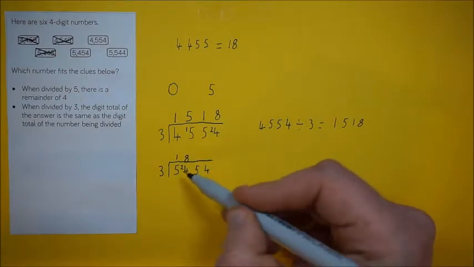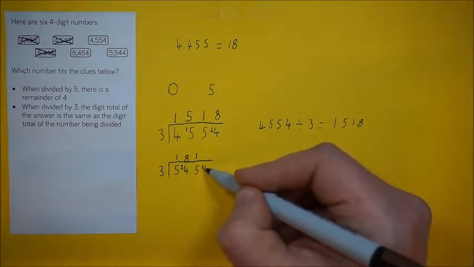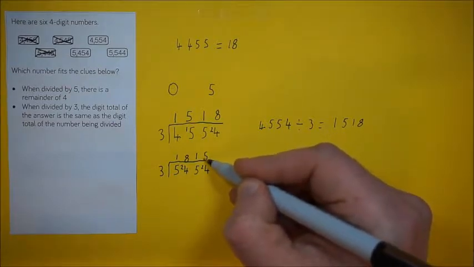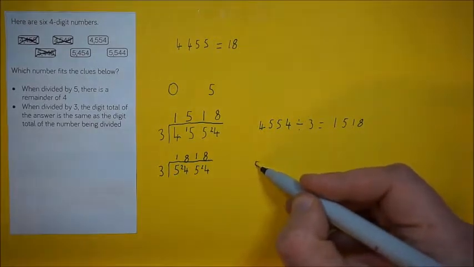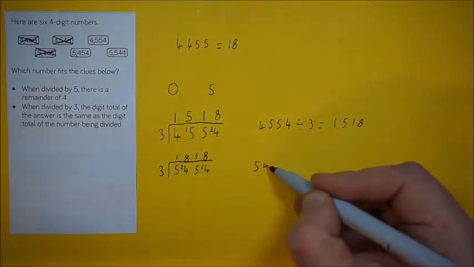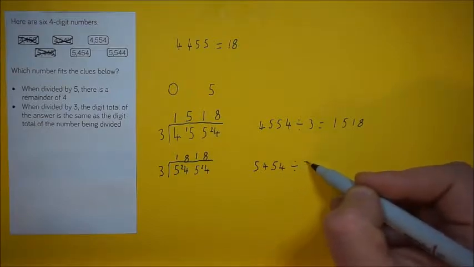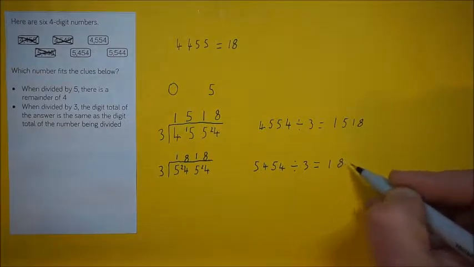Then it is how many 3's go into 5? 1, but with a remainder of 2. And then how many 3's go into 24? And that's 8. So we can say from that 5,454 divided by 3 equals 1,818.